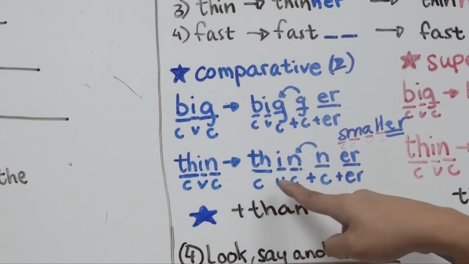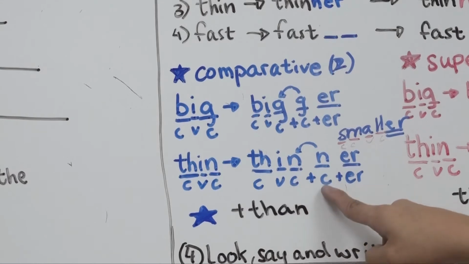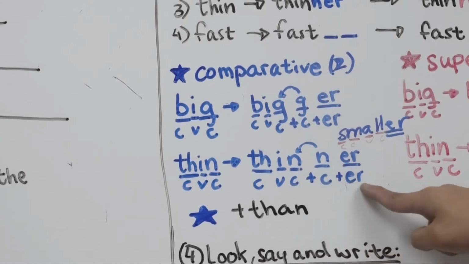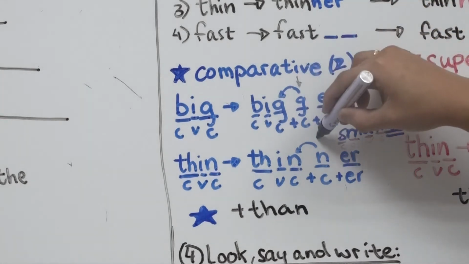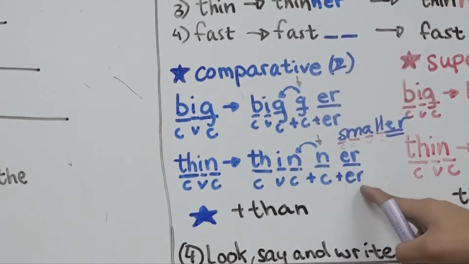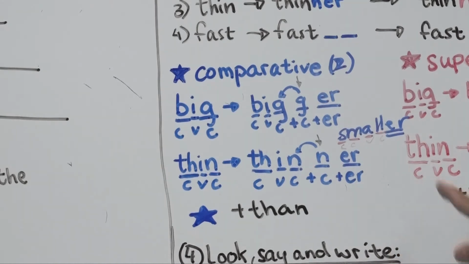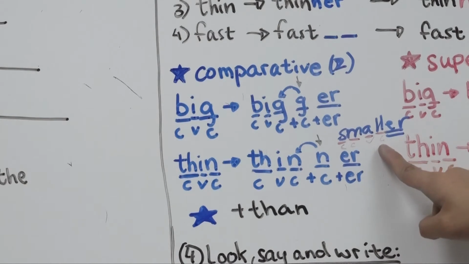So THINN, and then you put ER. THINNER. So we have to add another letter before we put the ER. But in words like tall and small, no need to put another letter. Just put ER. Okay? Alright, understand?